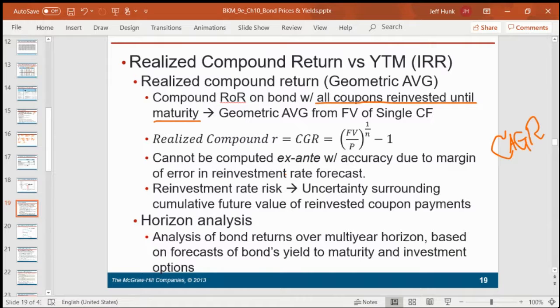Now think about it. What do you do with interest, when you receive the interest from the bond? Of course, you have two options. You can take out that interest from your bond or stock trading account. You can withdraw it and use it.